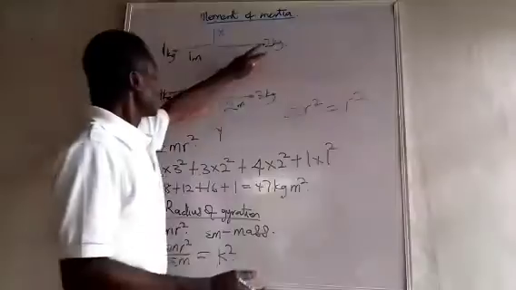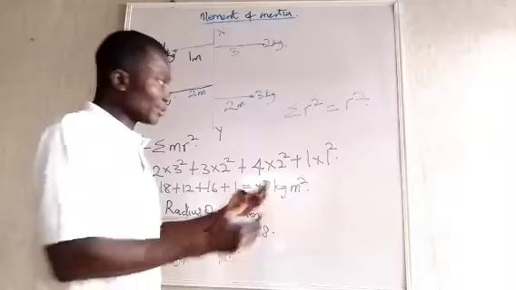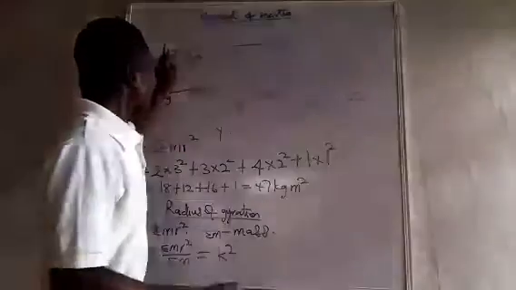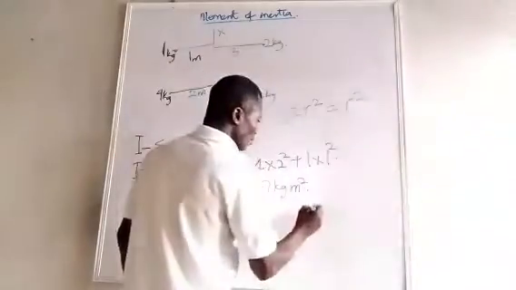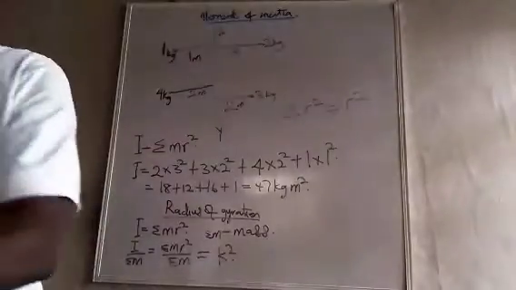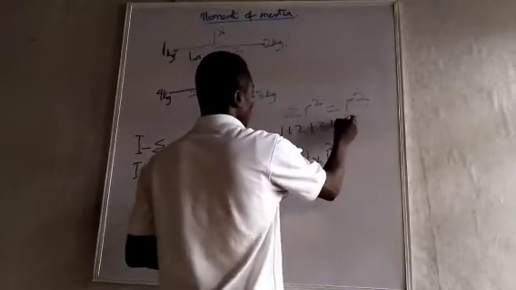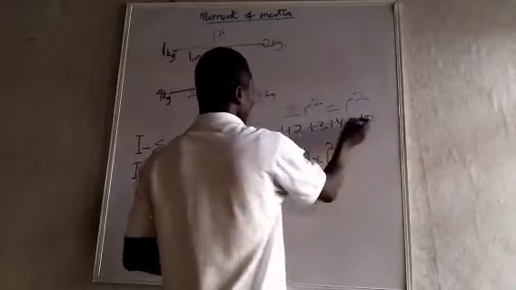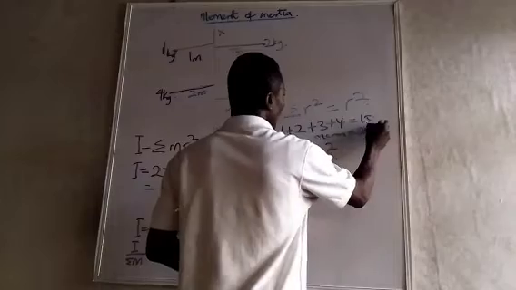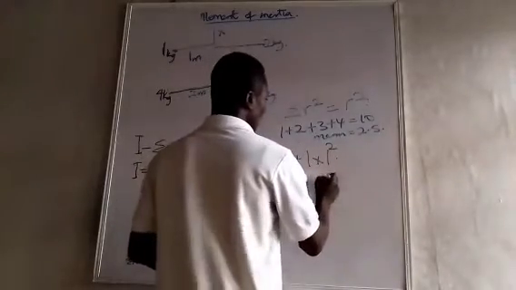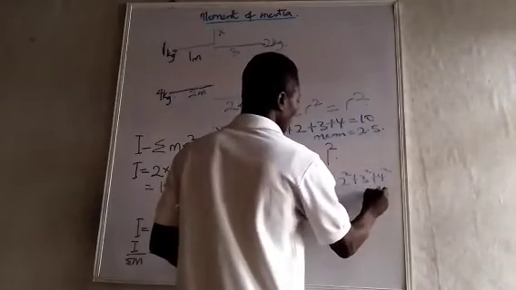For this object, this is the radius initially, but it will differ because I have brought them from different points. Just like if I say 1 plus 2 plus 3 plus 4, that is 10. You know the mean is 2.5. Therefore, I cannot say that 1 squared plus 2 squared plus 3 squared plus 4 squared is equal to 2.5 squared.